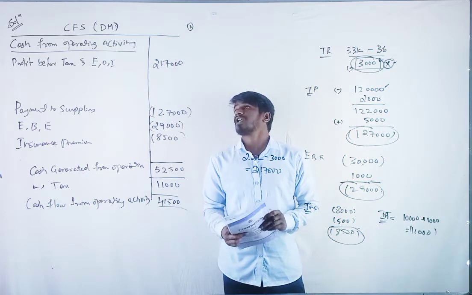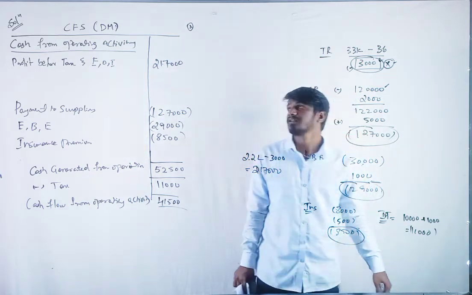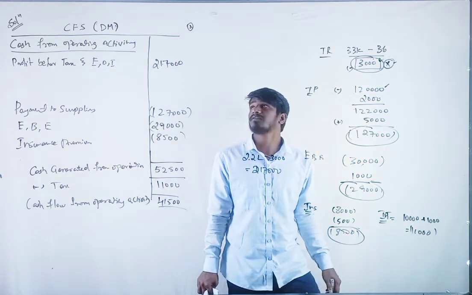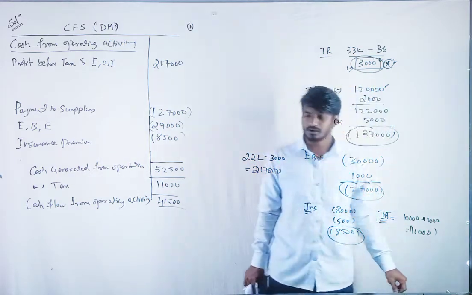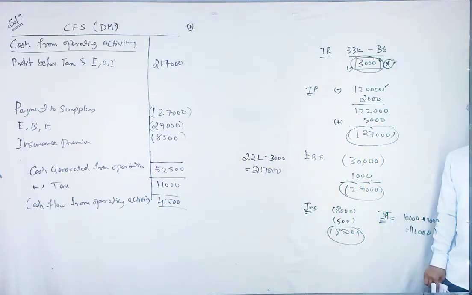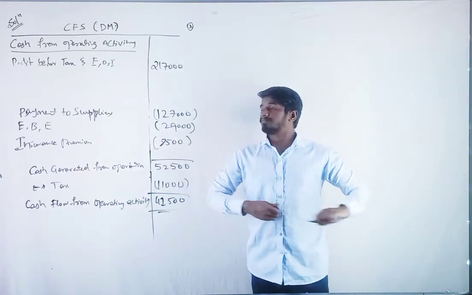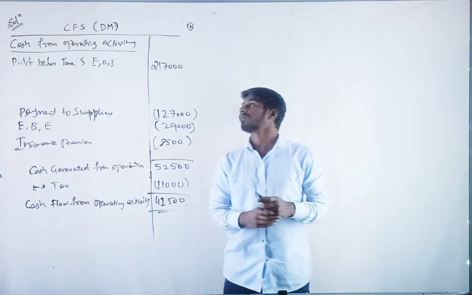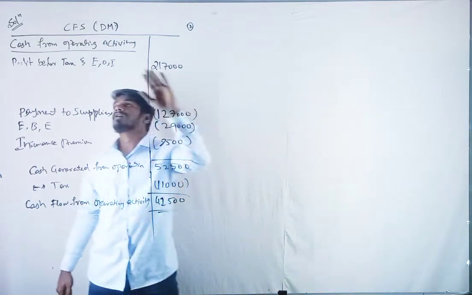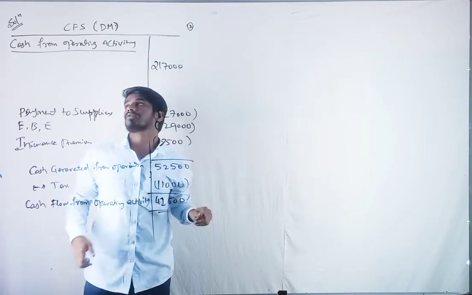Next, for the same question, we will do for indirect method. In the method of indirect. Okay, you can take down. Yes, your revenue from operation, not profit before.